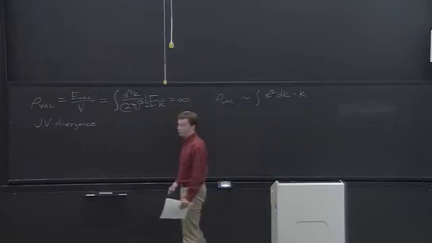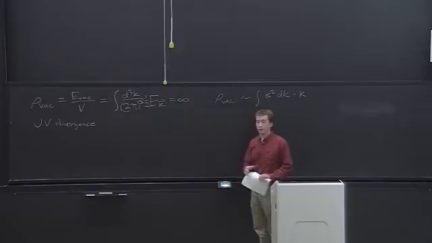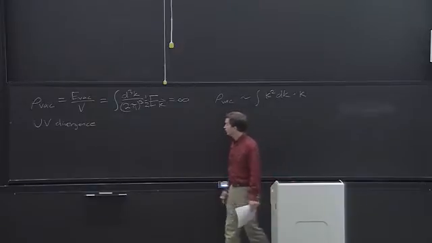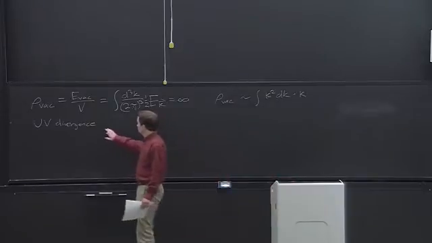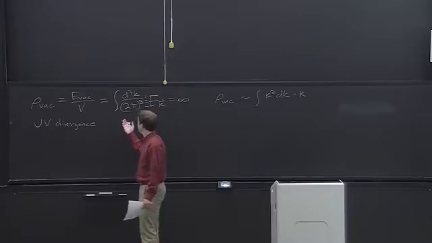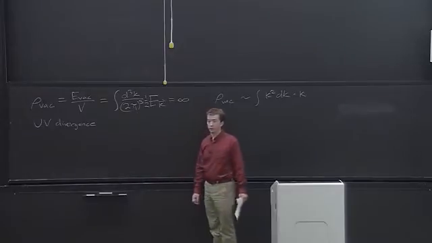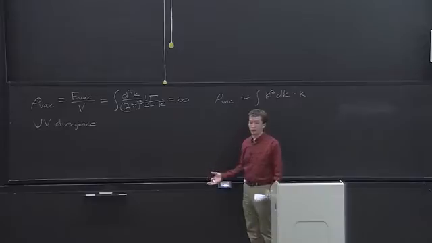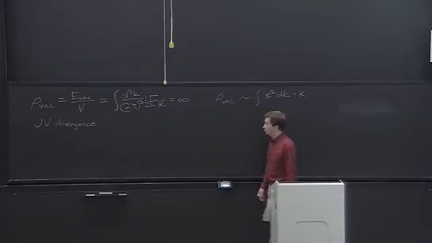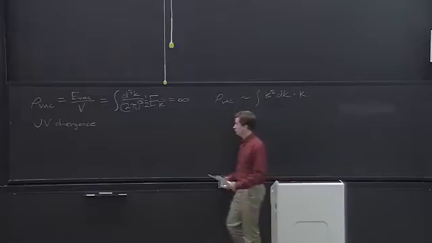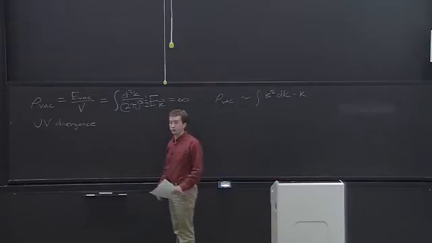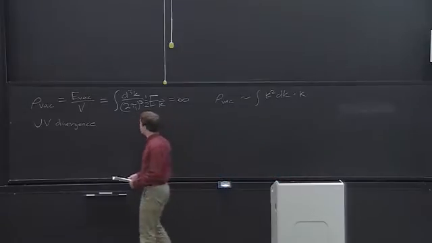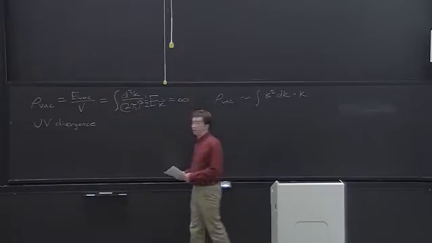So we shouldn't necessarily trust our theory to arbitrarily large momentum. In particular, we're studying a theory in a fixed Minkowski background. So at some point, gravity might become important, and we might not want to trust our theory, say, beyond the Planck scale, to be very conservative.